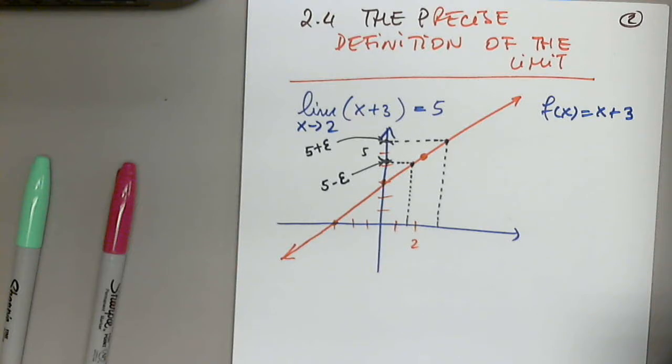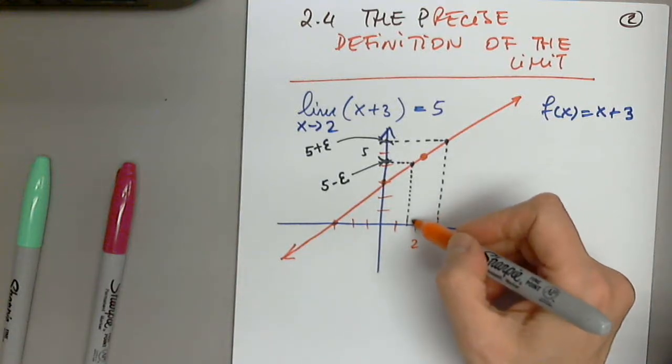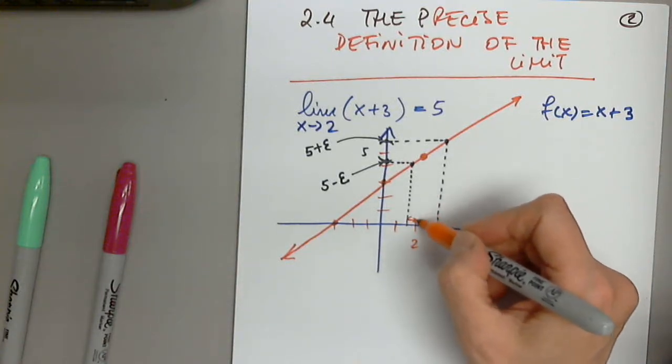So if I make it this big, or this big, I will always get a corresponding interval around 2. So if I have this epsilon, 5 plus epsilon, 5 minus epsilon, I get this. If I have a smaller one, then I would get this interval. But I will always find an interval around 2. Agreed?